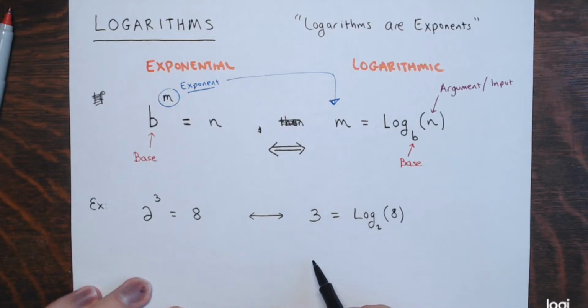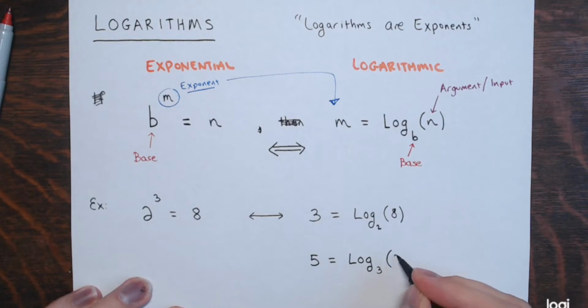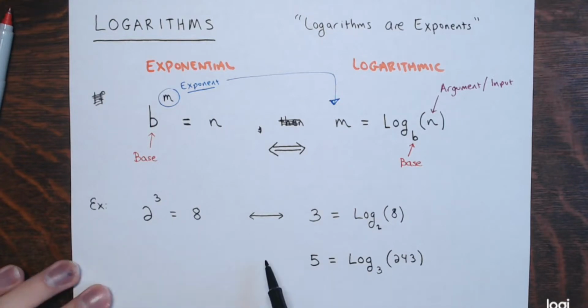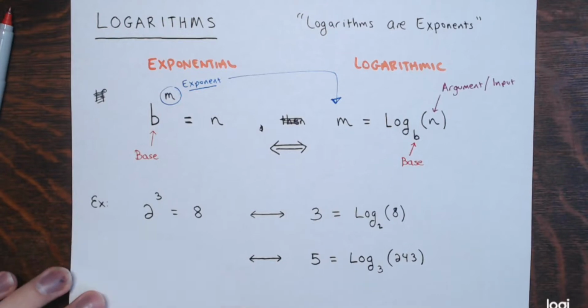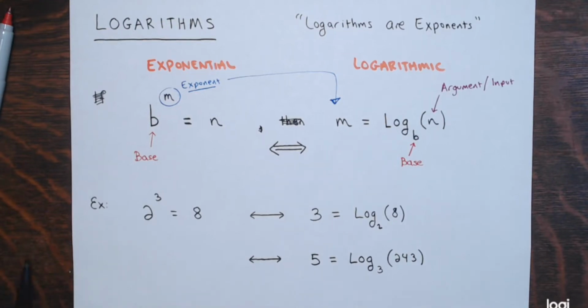And I can go the other way around. If I say 5 is the log base 3 of 243, this has the same meaning as the following.